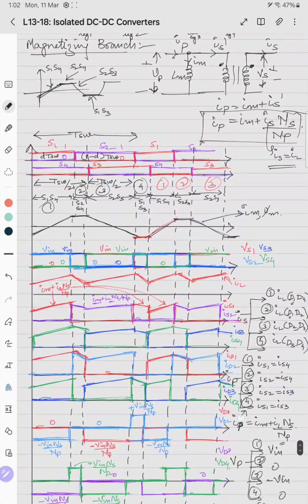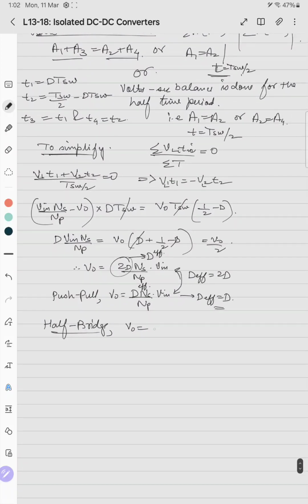So in half bridge converter, it becomes V0 equals 2D into Ns by 2 Np, or D effective into Ns by 2 Np, where D effective equals 2D.